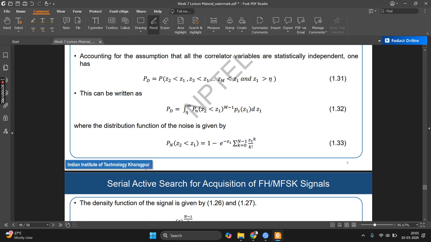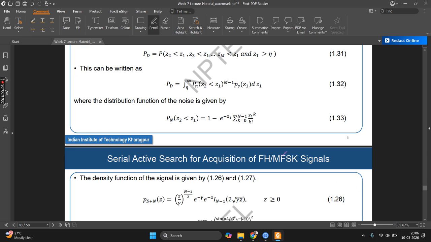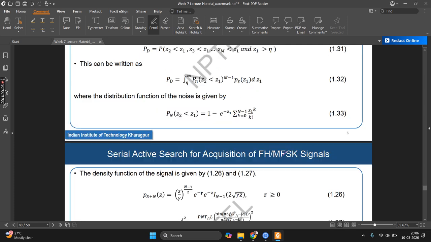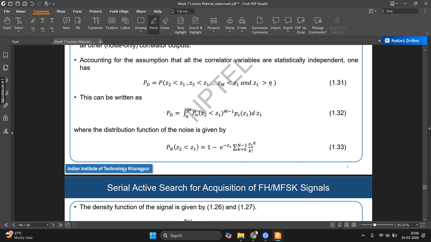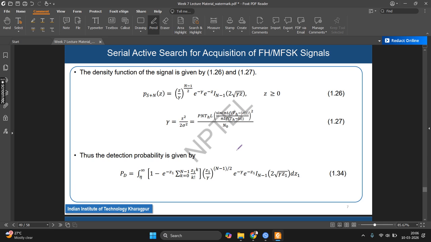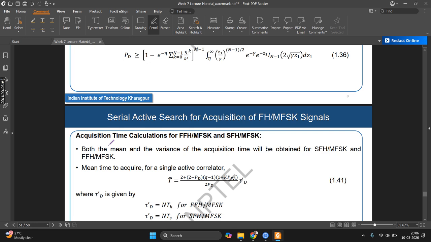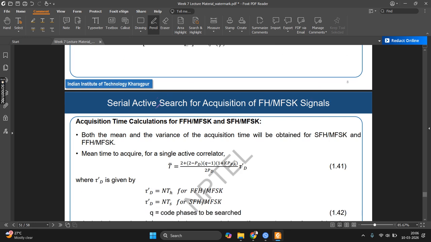Again you use a noise distribution of this density function, and you integrate these distributions, and the detection probability is something like this. It is very difficult to evaluate, so you don't have to dwell much time on it.